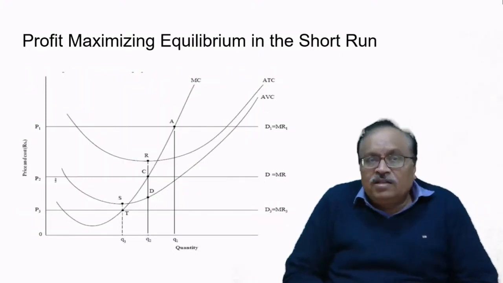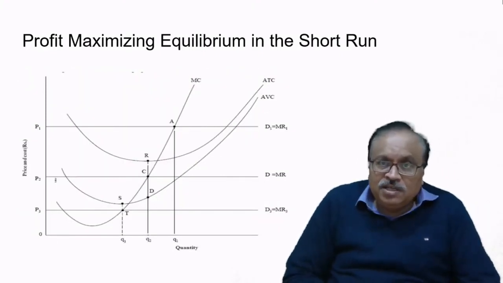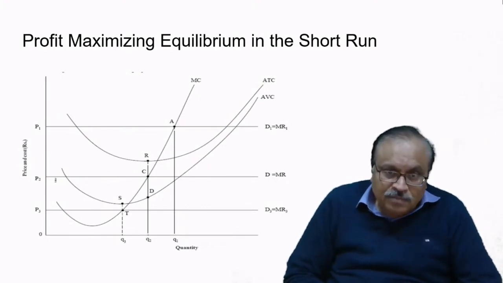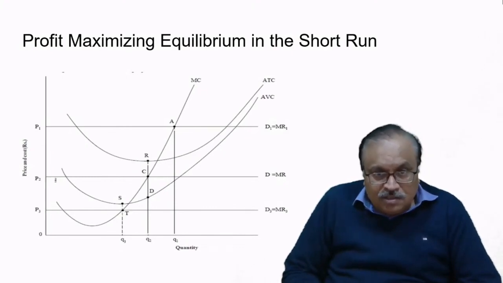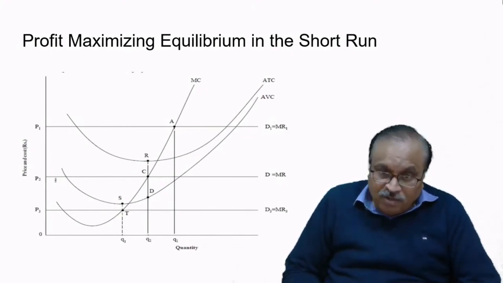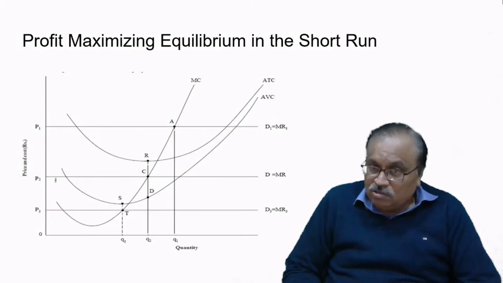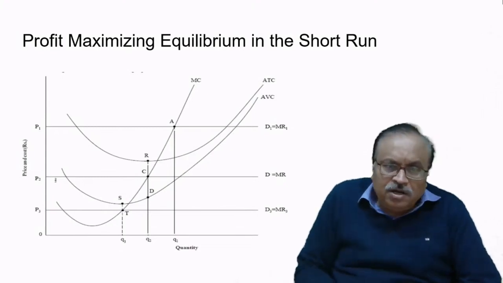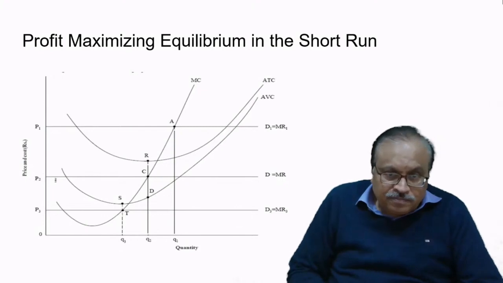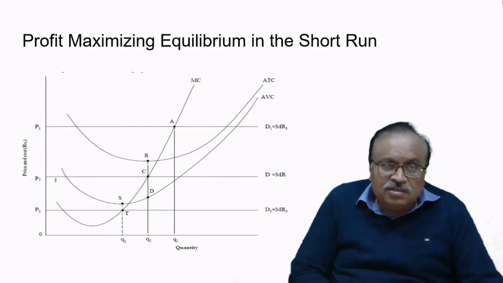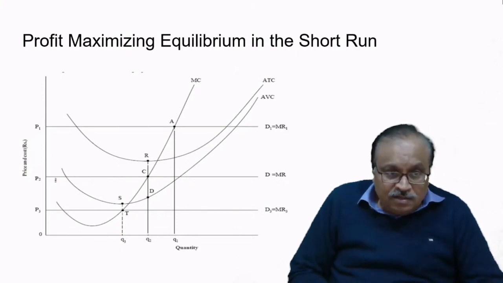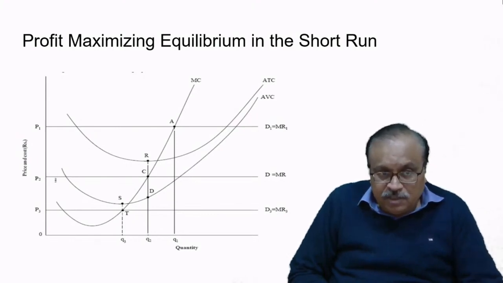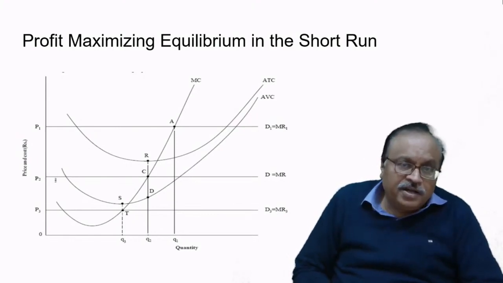So let's look at this graph, profit maximizing equilibrium in the short run. We have demand D1, demand D2 and demand D3, with prices P1, P2 and P3. What we have seen is that in perfect competition, the demand is a straight line at a given price.